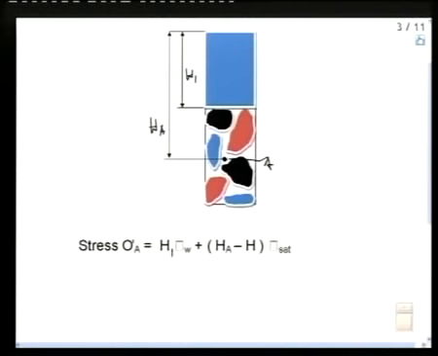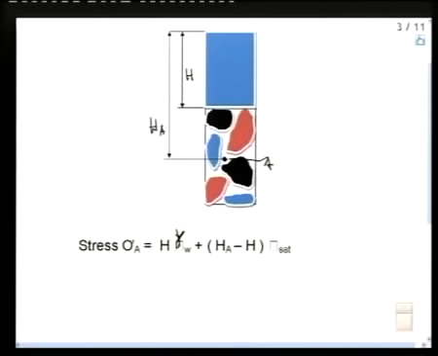H1 multiplied by gamma water. Okay, let me just be consistent with the book, so I will omit this. This is H. I don't need to have H1, just H. So it will be H multiplied by gamma water, right?